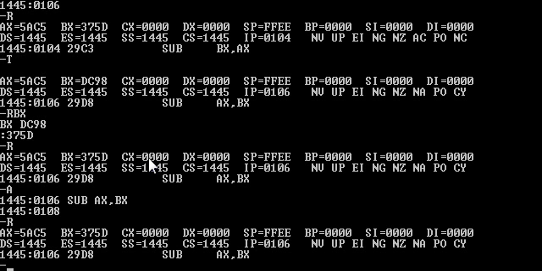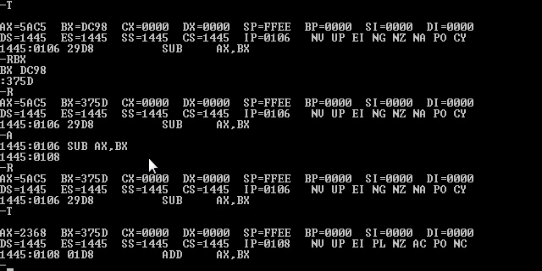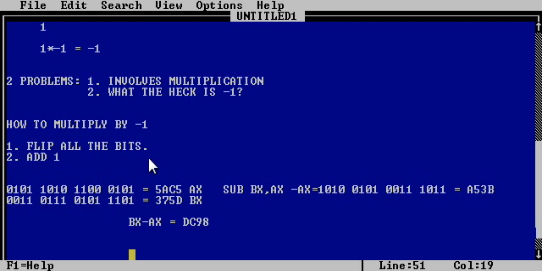So the positive subtraction of ax minus bx is 2368. So it turns out that ax minus bx equals 2368.